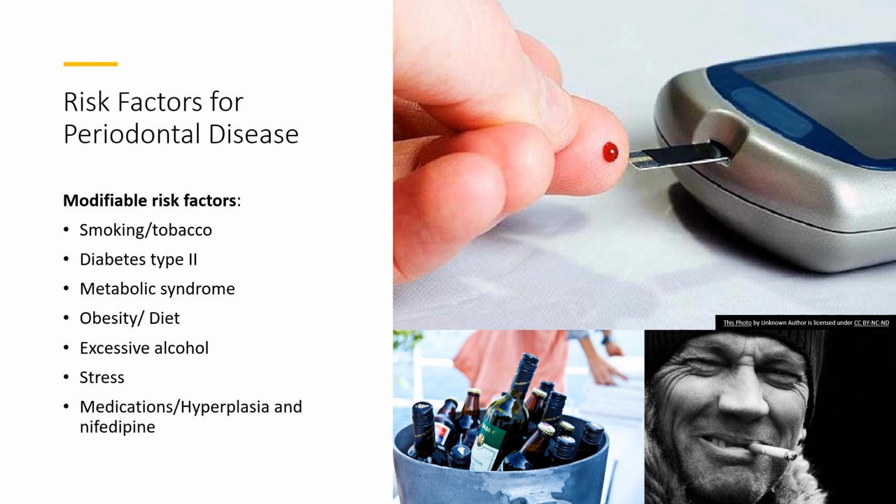Stress can increase a patient's risk, and medications can cause gingival enlargement, which will cause dental biofilm retention. And as we know, biofilm is the primary etiologic cause of periodontal disease progression.